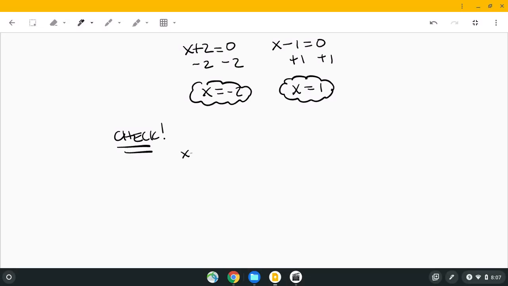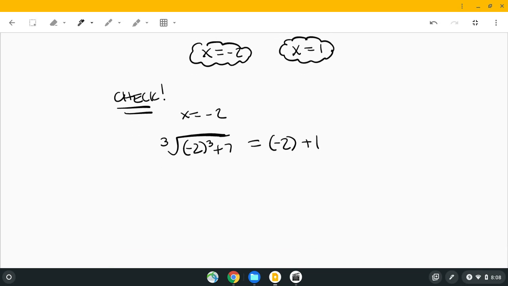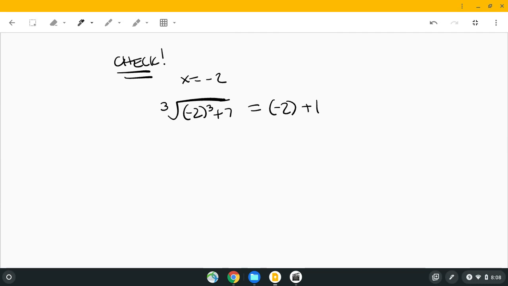Let's check x equals negative 2. Let's plug it back into the original problem. I'll use a cube root instead of the fraction. So it's the cube root of negative 2 to the third power plus 7. We want to know, does this equal negative 2 plus 1? Negative 2 to the third power is negative 8.